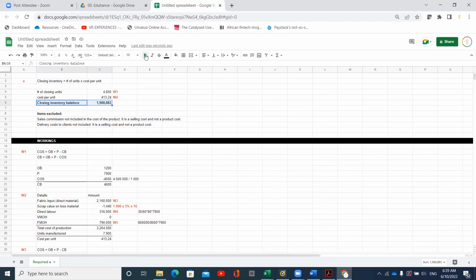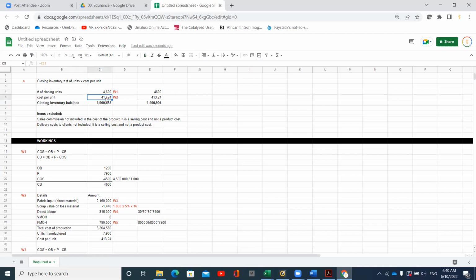That is because of Excel or Google Sheets. So when we plug it in, for example, if I type in 413.24, you will see we get a different answer. You can see that is 904, that is 883. The reason being is I plugged in the numbers, so it only says 4,600 times 413.24, but this one is running all into the decimals. So that is why there'll be a rounding difference. Okay, so don't stress about that.